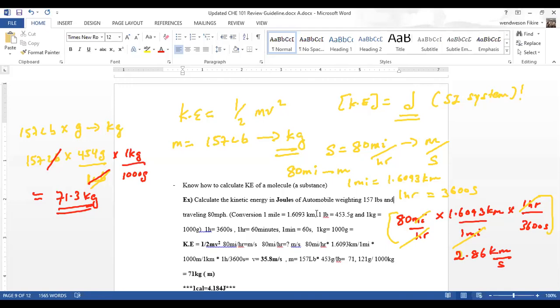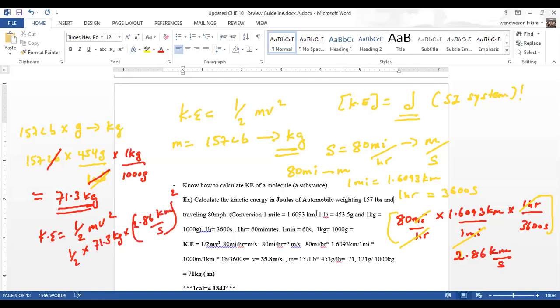Here, the kinetic energy is 1/2 m times v squared, 1/2 times the mass, which would be 71.3 kilograms. The velocity is 2.86 kilometers per second squared.